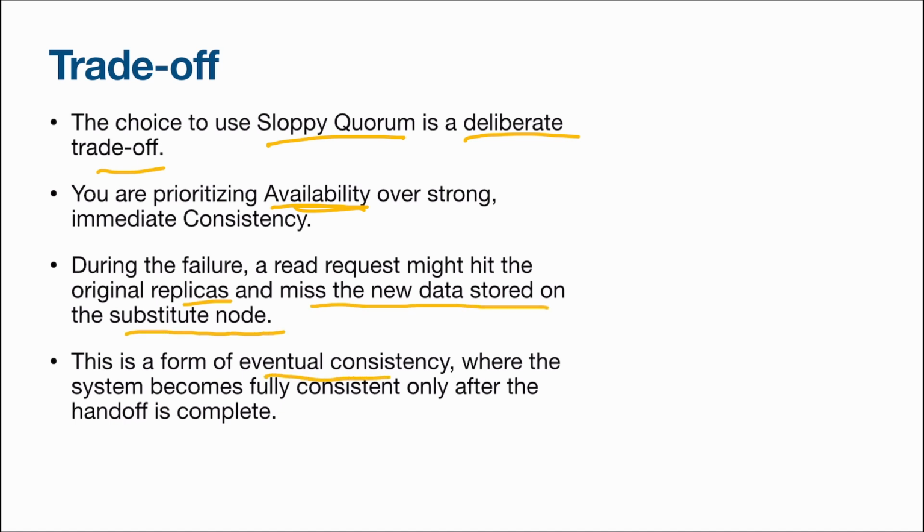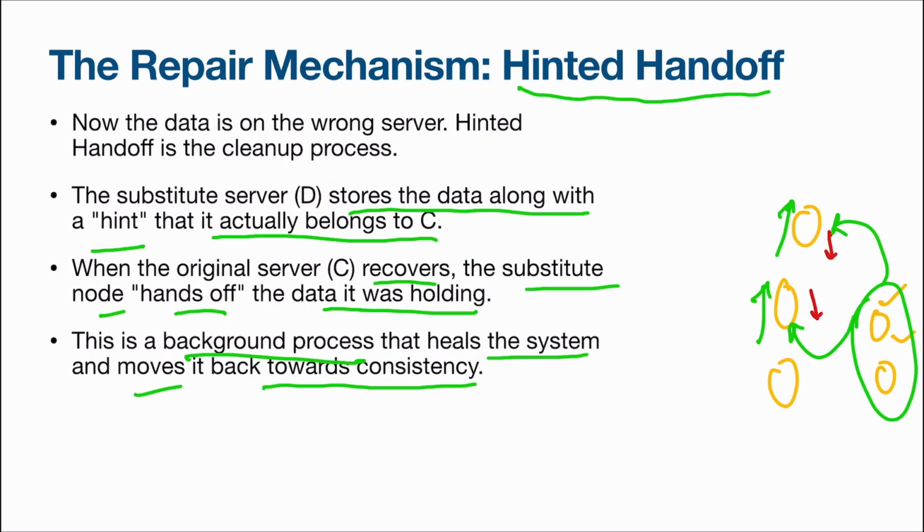This is a form of eventual consistency, where the system becomes fully consistent only after the handoff is complete. After the original servers have recovered, they might not have immediately gotten back all the data using the hinted handoff, and in those scenarios, the read request might fail. Or even in the previous example, the read request can go to some other servers which might not have all the original data, and that might be inconsistent.